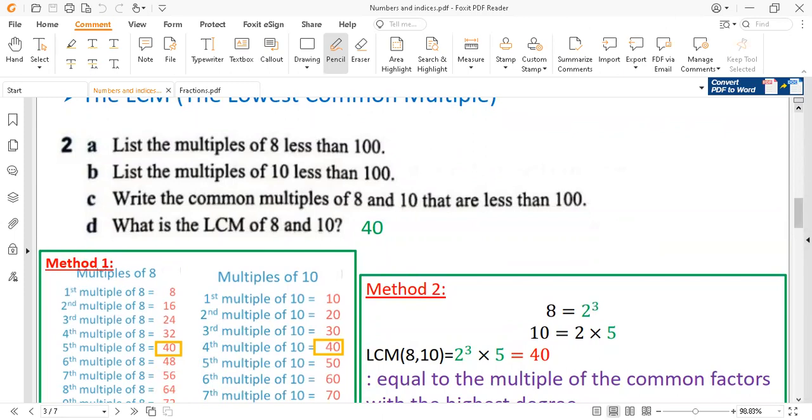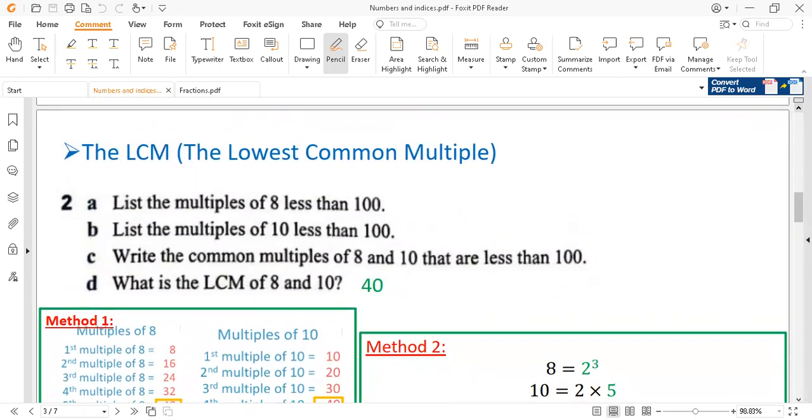Now that we know the multiples, how do we introduce the LCM? What do we mean by LCM, the lowest common multiple? It is all about the multiples and the common one: how to find the lowest common multiple.